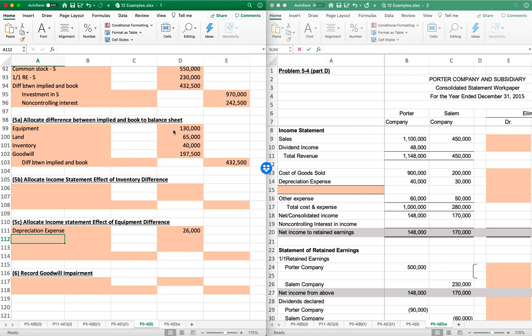We also know that we have 2 years' worth of depreciation expense that passed through prior year income statements. And we're going to split that amount between the parent and the non-controlling interest. Because this is a cost method example, the parent portion is going to go to 1/1 retained earnings of the parent, and the non-controlling interest portion always goes to non-controlling interest.